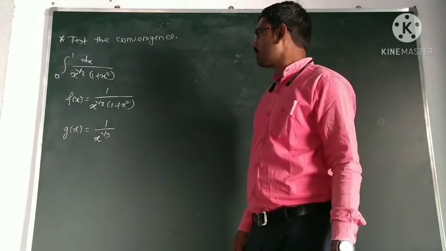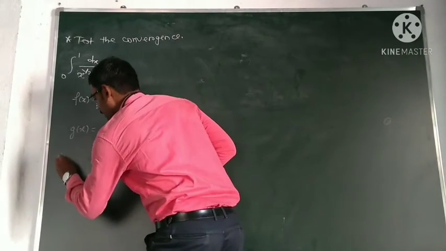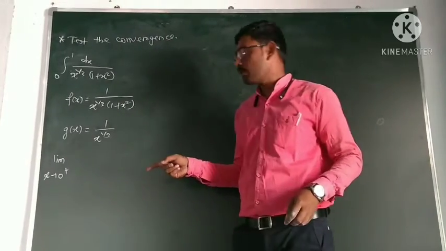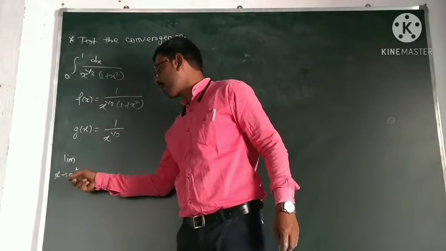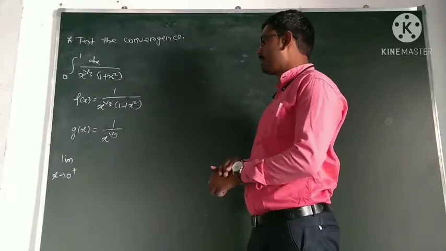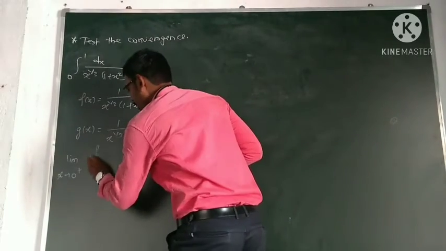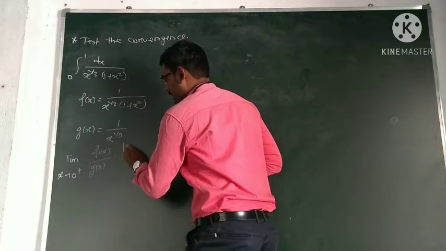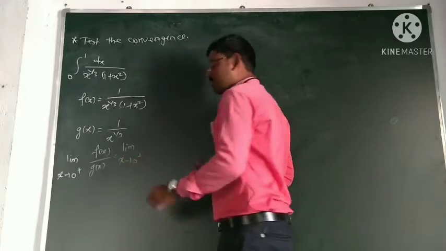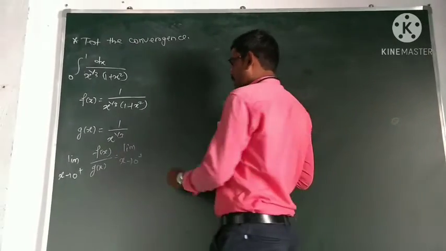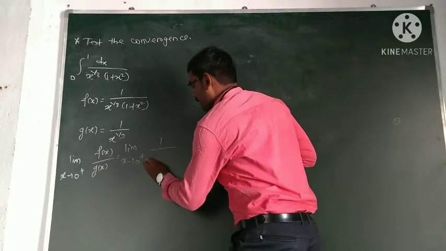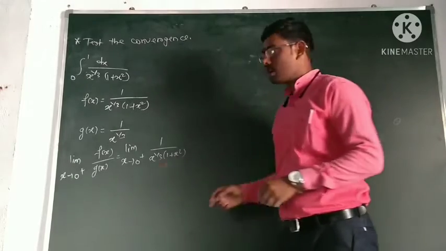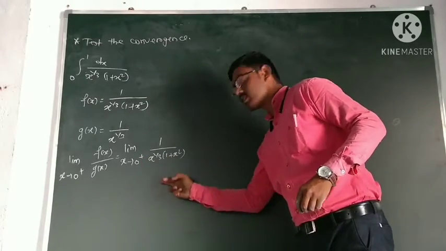Now we will take the limit x tends to 0 plus, because 0 is the singular point. So x tends to the singular point 0 from the right side. The limit as x tends to 0 plus of f of x upon g of x is equal to the limit of 1 upon x to power 1 by 3 into 1 plus x square, upon 1 upon x to power 1 by 3.